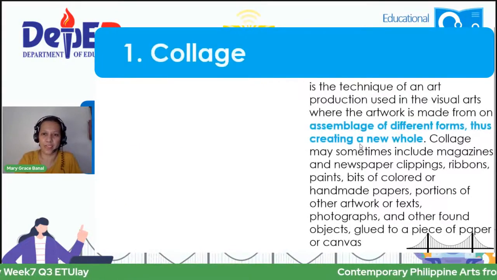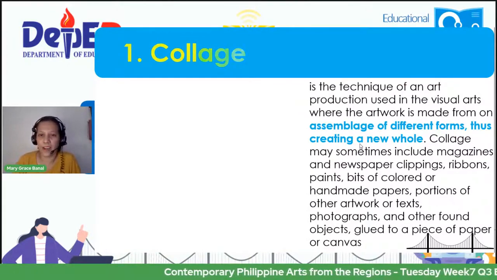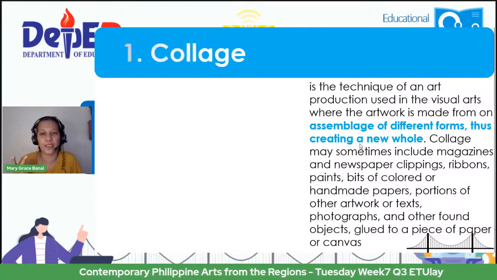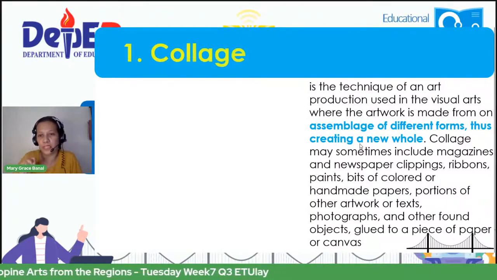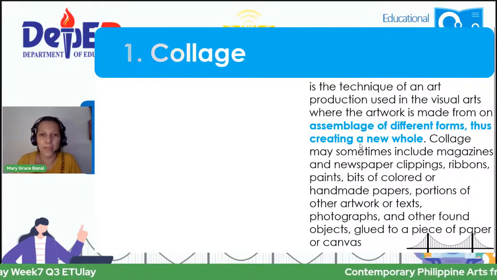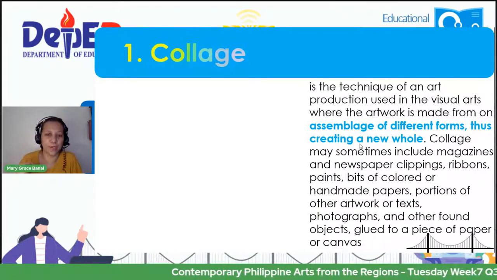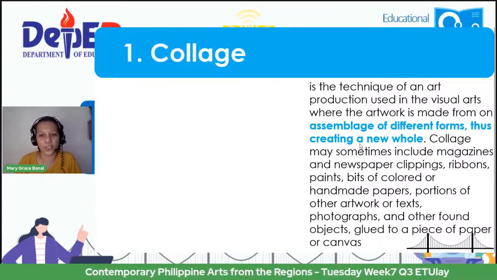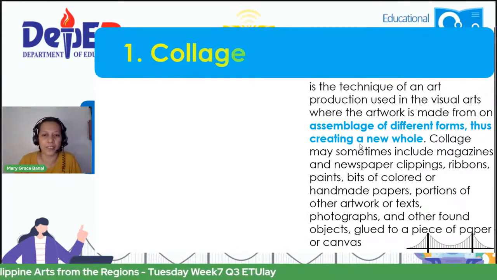So, first, we have collage. It is a technique that is made from the assemblage of different forms, thus creating a new whole. So usually when you speak of collage, it includes clippings or cutting pictures from colorful magazines and newspapers with ribbons, paints, bits of colored or handmade papers, o kaya may mga kasamang artwork or text.